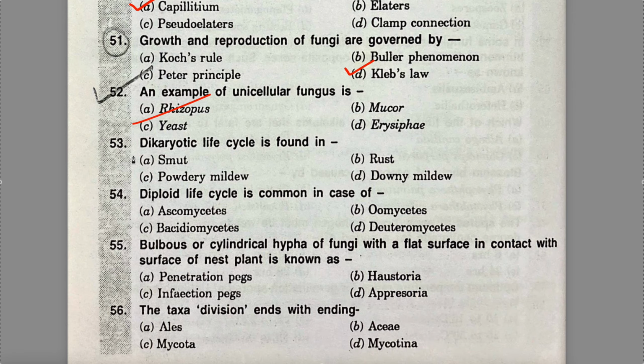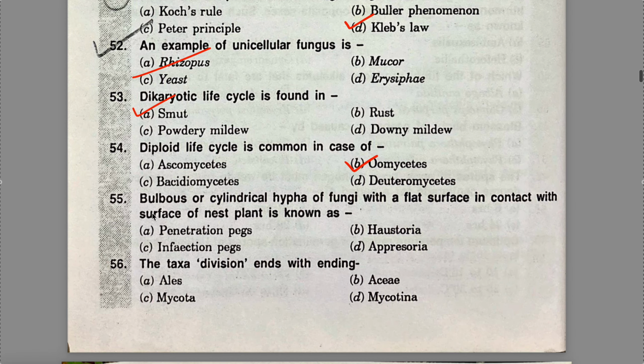54. Diploid life cycle is common in case of Ascomycetes, Oomycetes, Basidiomycetes or Deuteromycetes. Answer B, Oomycetes. 55.